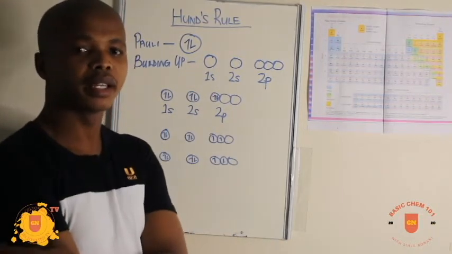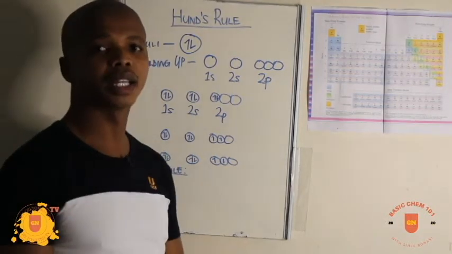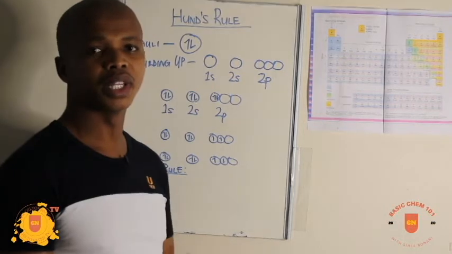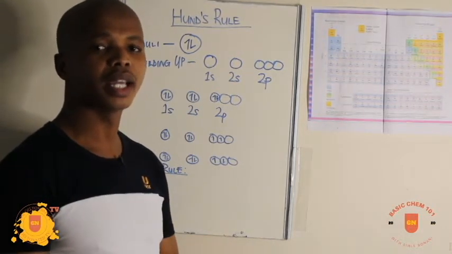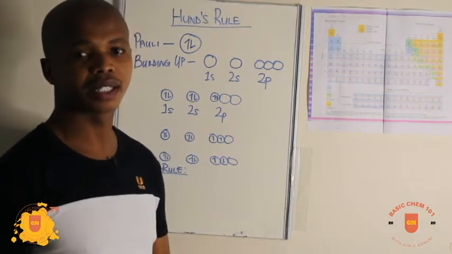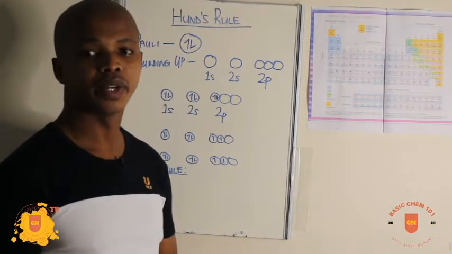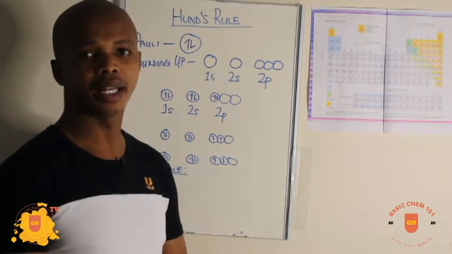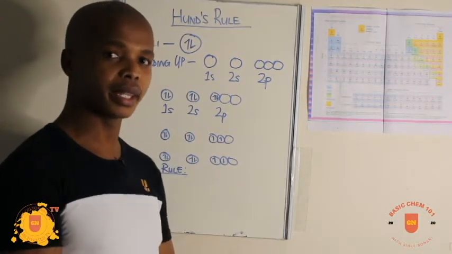So that is where Hund's rule comes in. Remember that we are trying to fill electrons to the ground state so that we get the lowest energy possible. Hund's rule tells us that in order to achieve the lowest energy, we have to spread out the electrons in different orbitals before we pair them.